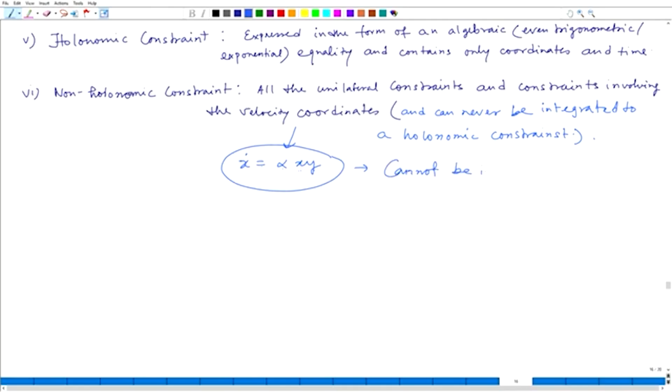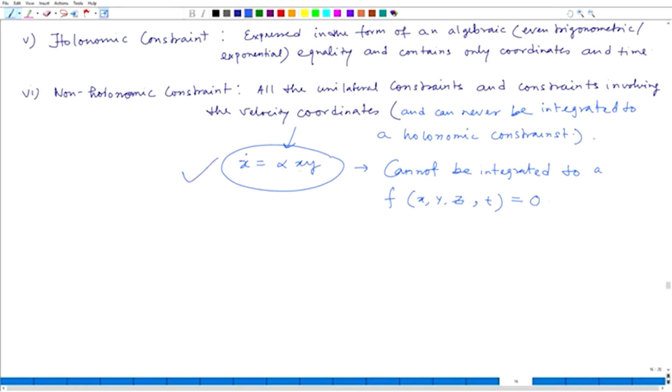So, it cannot be integrated to f of x, y, all these position coordinates, let us say for 3D x, y, z and t, equal to 0. Okay. So, that is why this is a non-holonomic constraint.